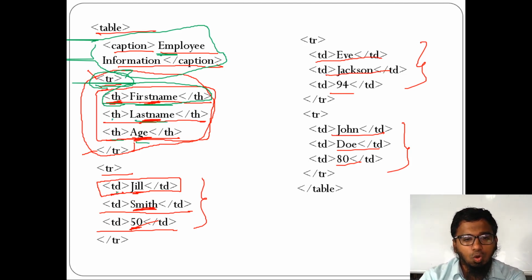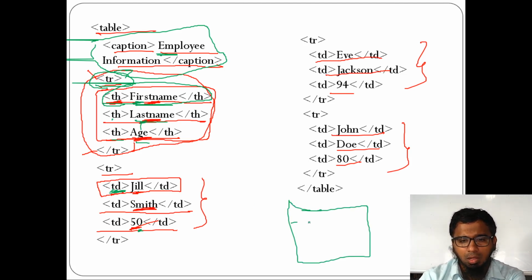In the next row, table definition means what is the first name? Jill. What is the last name? Smith. What is his age? 50. Okay, next row. So how is the table being prepared? 1, 2, 3 example. So how many columns are there? 3.